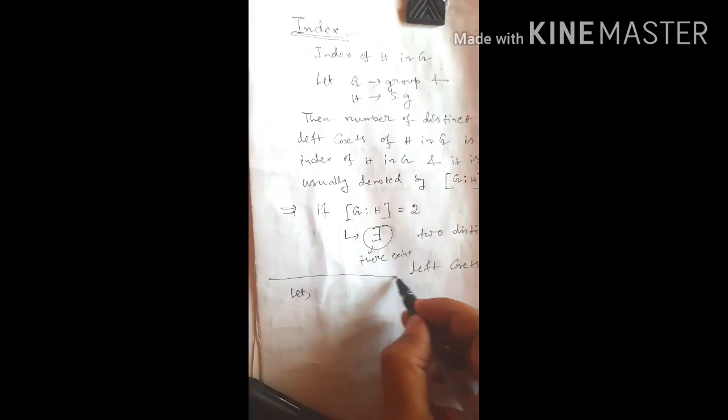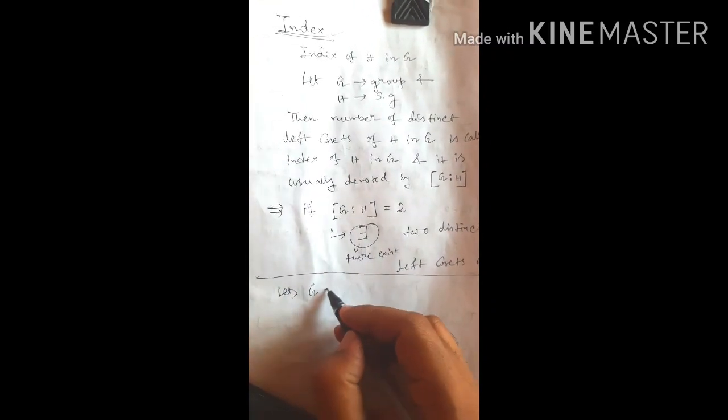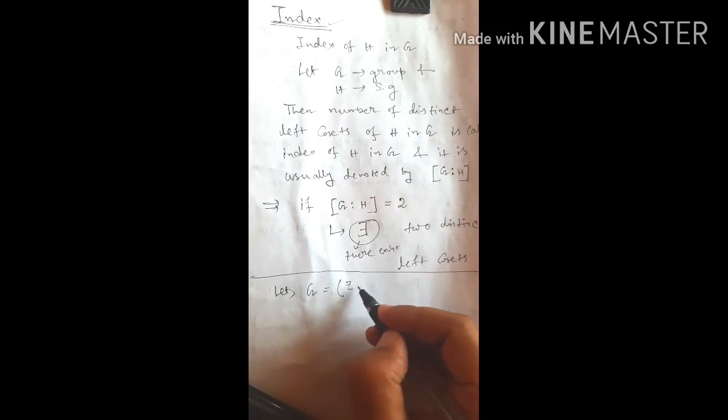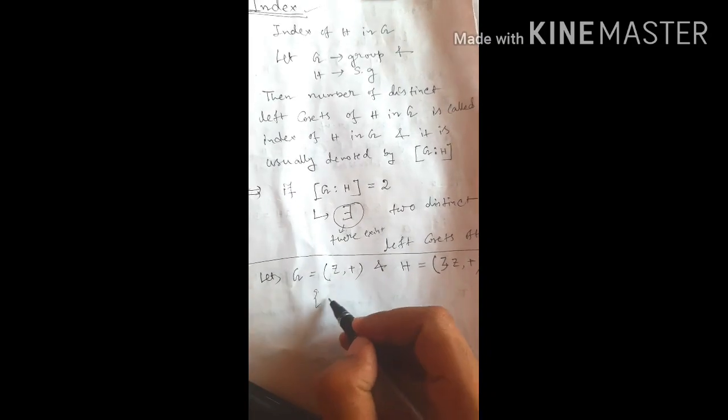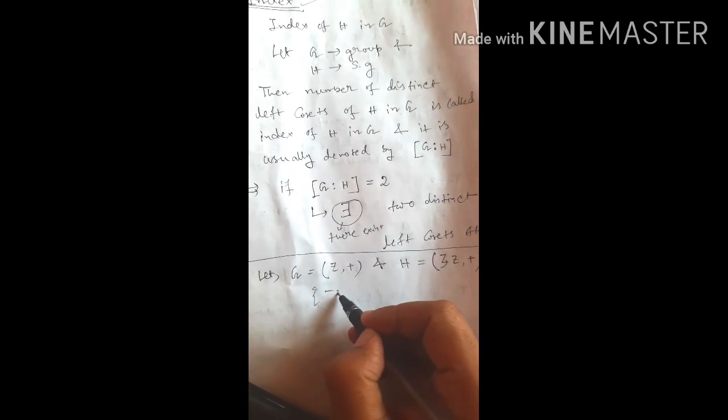Let G equal (Z, +), that is, the integer group with respect to addition, and we can easily say H equals (3Z, +) is a subgroup of G. The elements of G are like -2, -1, 0, 1, 2, and so on, going to minus infinity and plus infinity, and the elements of 3Z are like -6, -3, 0, 3, 6, and so on.